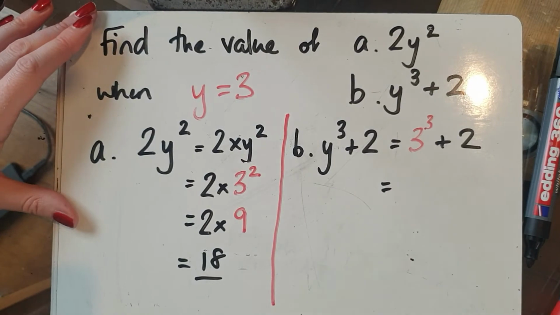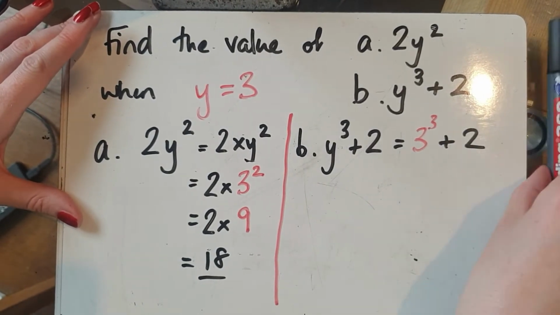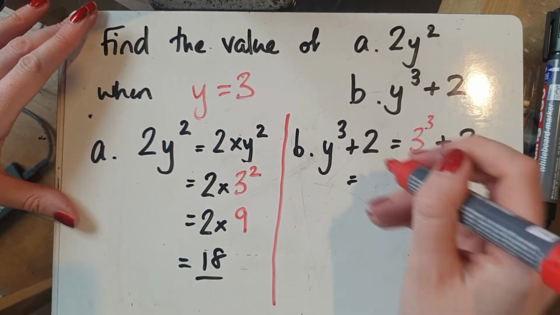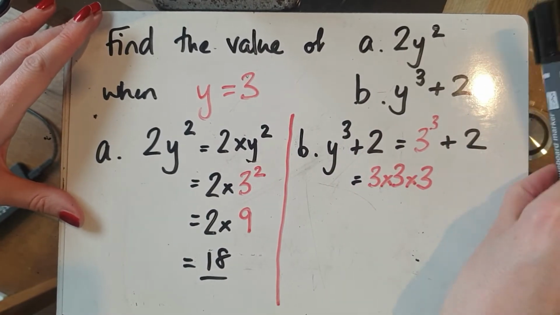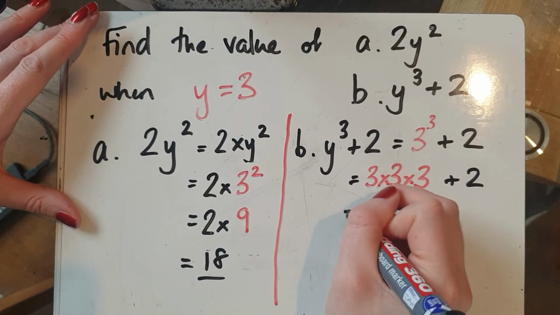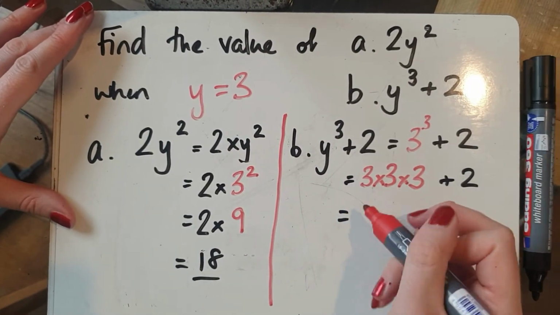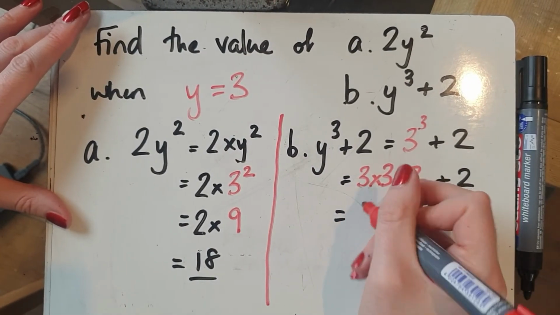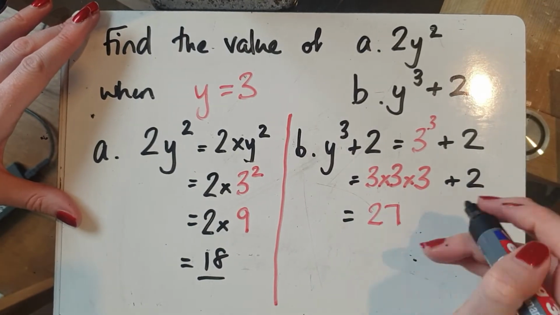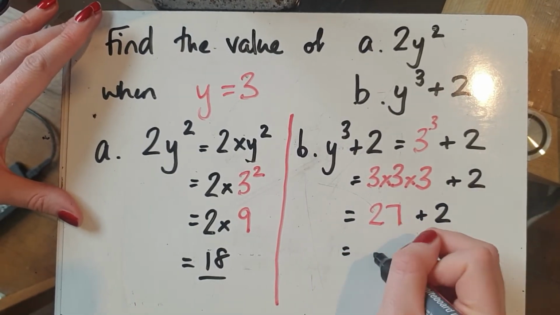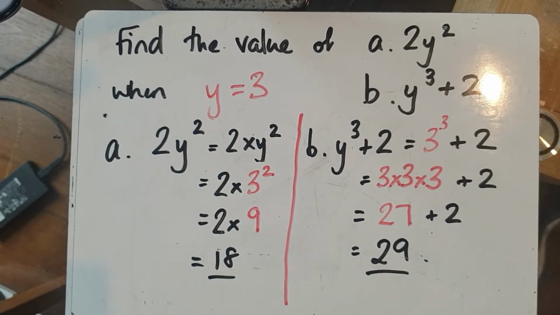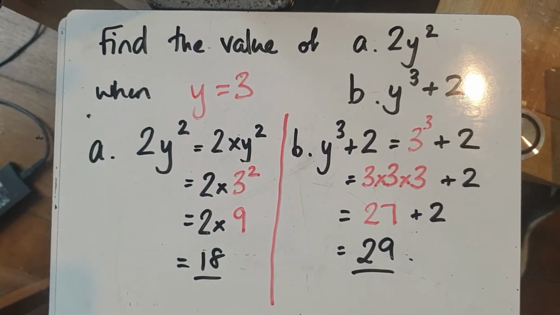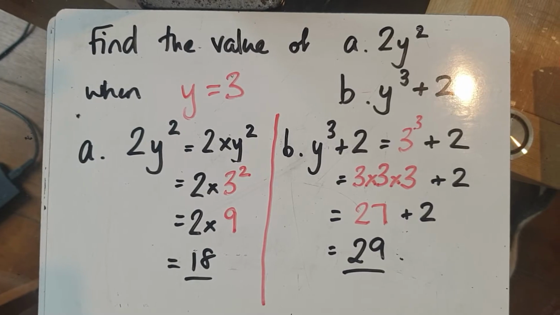So I'm actually going to write that out to remind you. 3 cubed is 3 times 3 times 3, and we add 2. 3 times 3 is 9, times 3 again is 27. So our answer is 29. So please copy that down. Make sure you've got that correctly in your books.